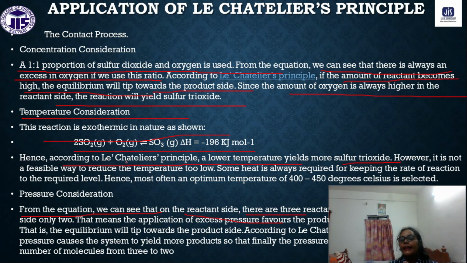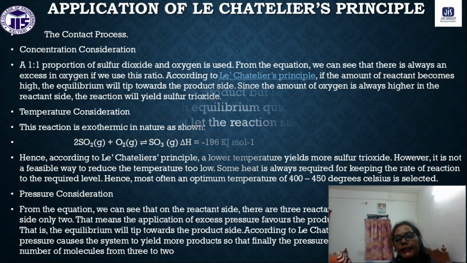If we increase the pressure, the volume will be less, so less space for the gaseous particles to move. That's why the forward reaction will take place if we increase the pressure. So these are some of the conditions. If we maintain these conditions, then we can get a large amount of sulfuric acid.